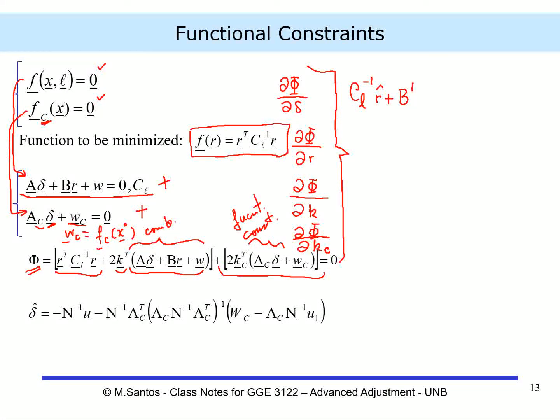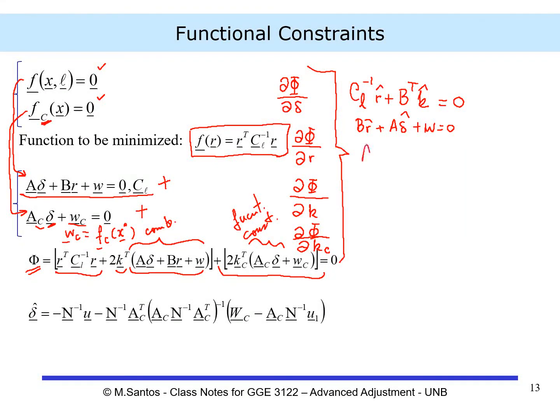So one of them is B transpose CL inverse R hat plus B transpose K equals 0. We have B R hat plus A delta hat plus W equals 0.